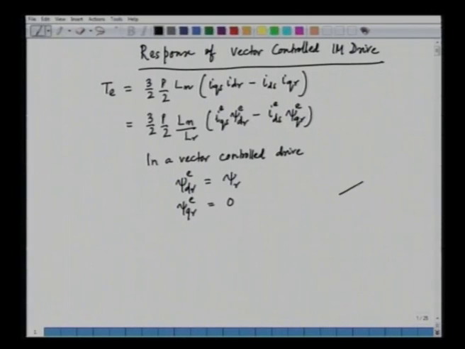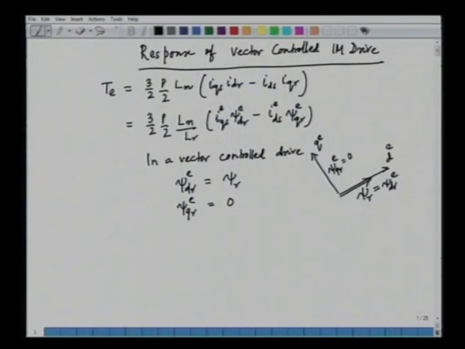If this is the d axis and this is the q axis, we can call this to be d^e and q^e. The d axis is aligned along the rotor flux vector. This is psi r, and hence we can say that psi r equal to psi dr^e and psi qr^e equal to 0, which is the condition for a vector control drive.